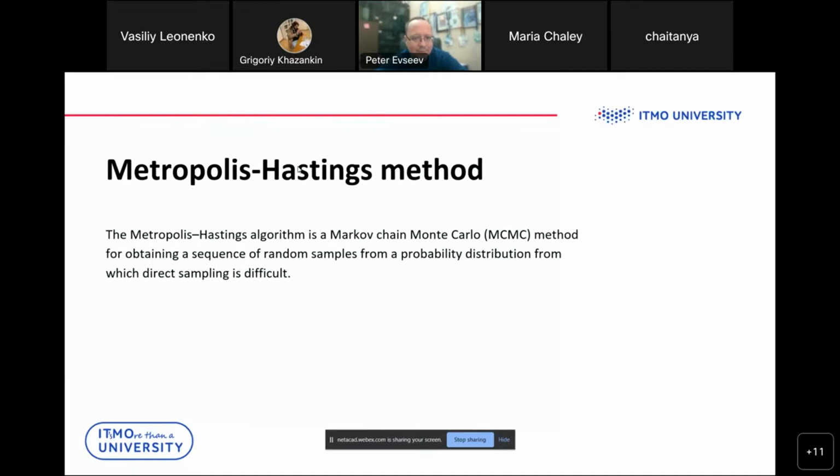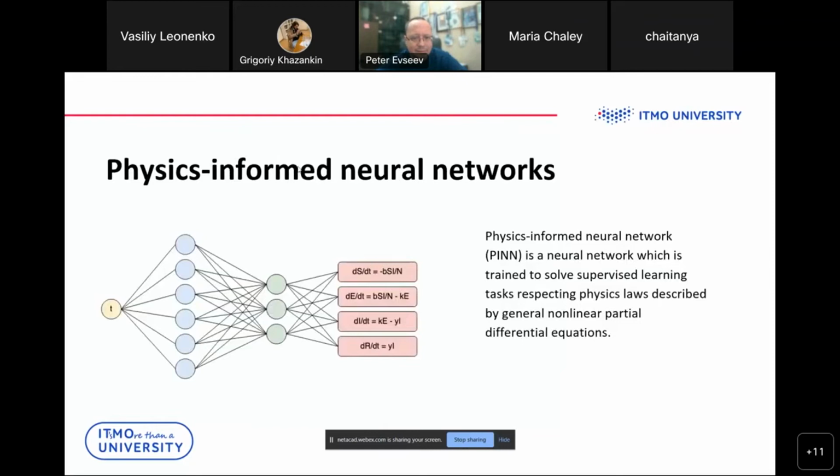Here we used the mean square error between our original and the predicted data to get the random samples of alpha, beta, gamma that make it minimum. Physics informed neural networks are similar to neural networks but use some physical laws. That's the difference, and they are governed by differential equations.